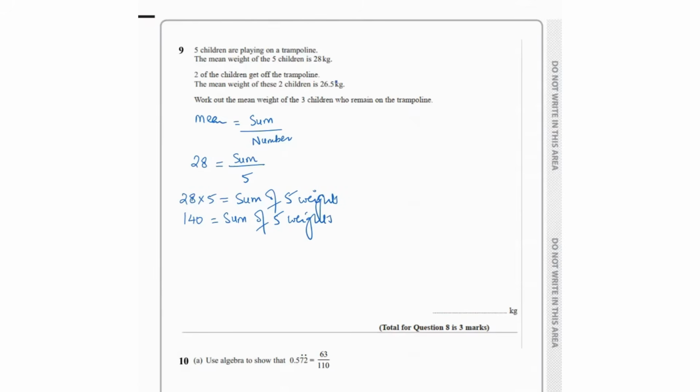Now we can do the same for the 2 children. So 26.5 equals the sum of 2 weights divided by 2. So multiply by 2. That's 53 kg.